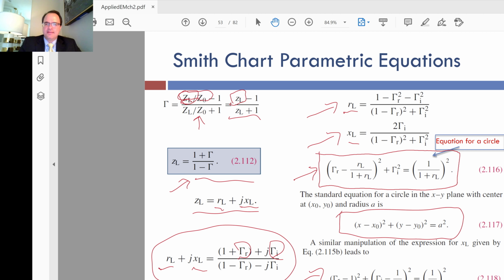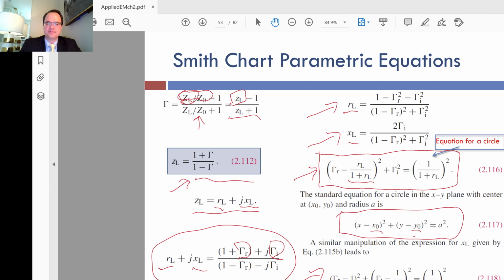We see that my Y naught is 0, so these circles always have their center at Y equal to 0. Whereas the X position of its center is given by this right here.